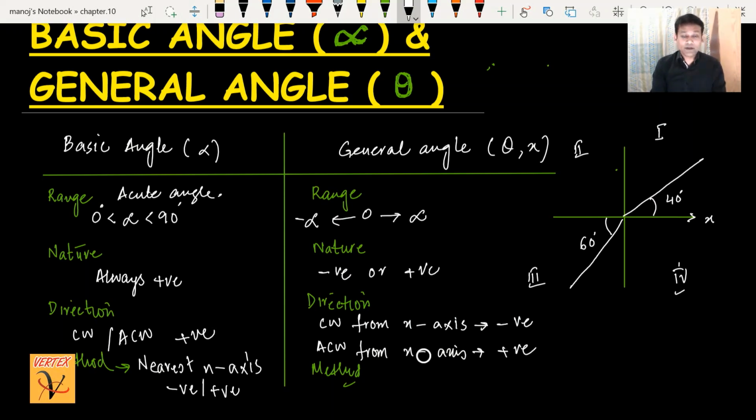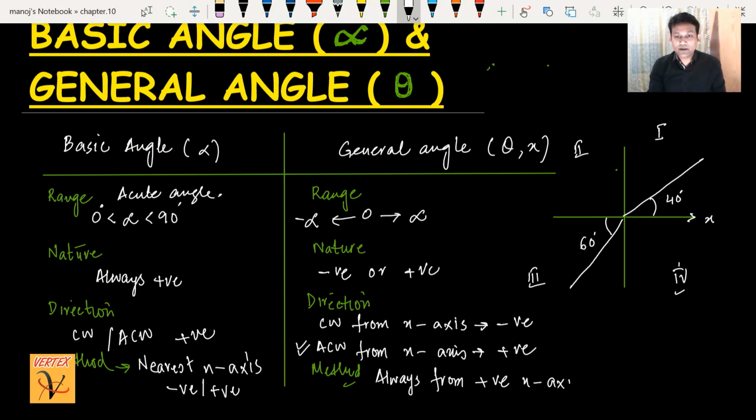That will be given. But normally I would like to use the positive, anti-clockwise. The method is, we can move clockwise or anti-clockwise, but always from positive x-axis. Please do not forget this.